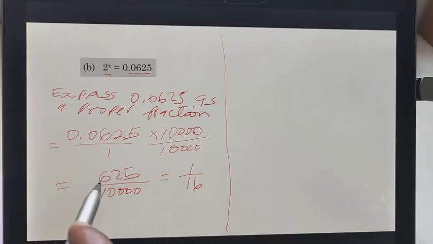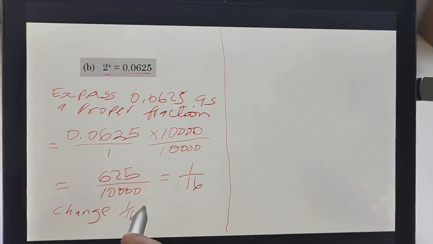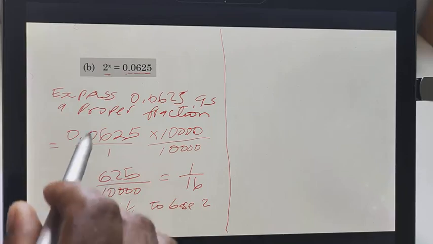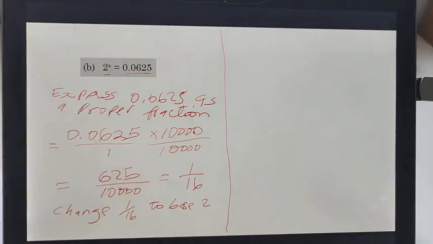Then let's change to base 2. Now 1 over 16 to base 2, for us to have that base.